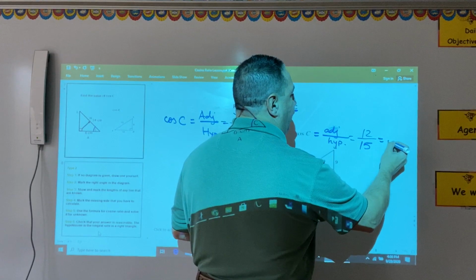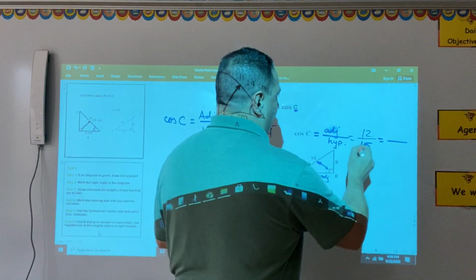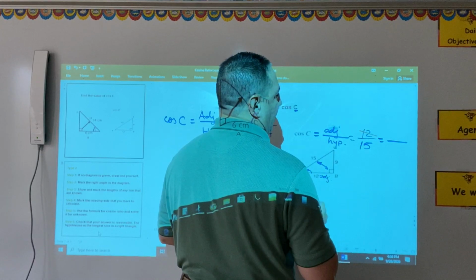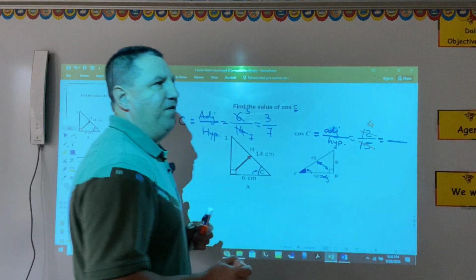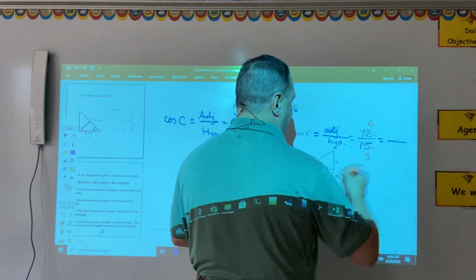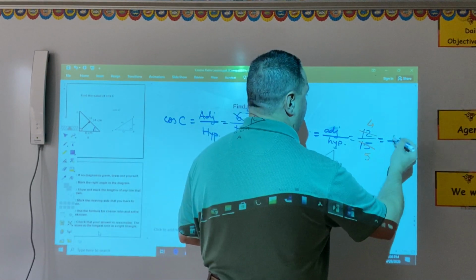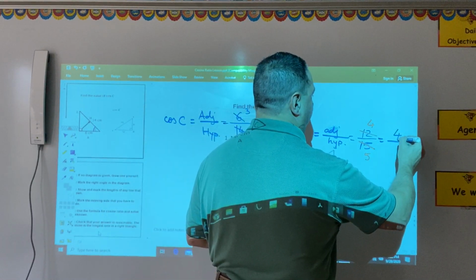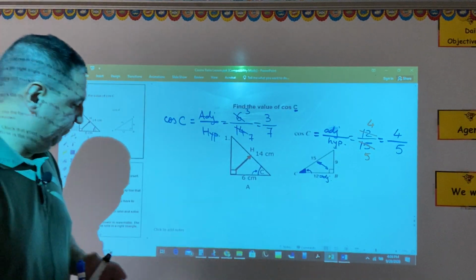So, if we divide 12 by 3, you get 4. If you divide 15 by 3, we get 5. So, the final cosine ratio would be 4 over 5. Good.